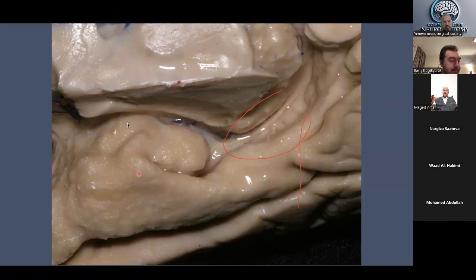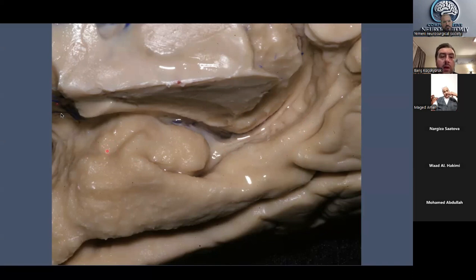The anterior segment basically has the semilunar gyrus and ambient gyrus. In between, there is a semi-annular sulcus. The important thing about the semilunar gyrus is that it covers the amygdala, which we'll be seeing further later.